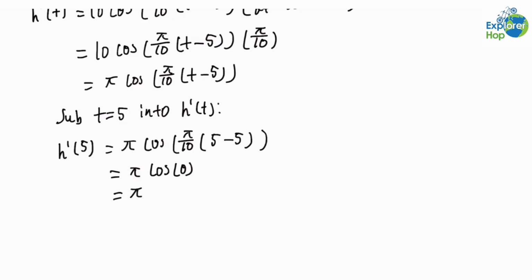So therefore, the velocity of the rider after 5 seconds is pi meters per second upwards.